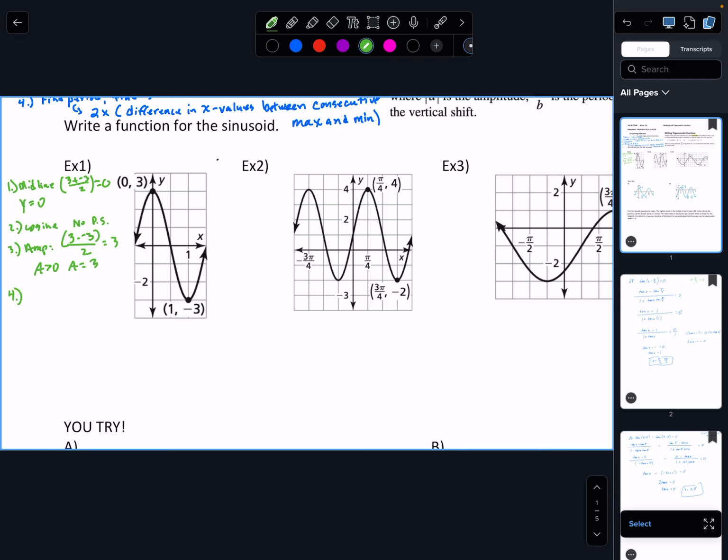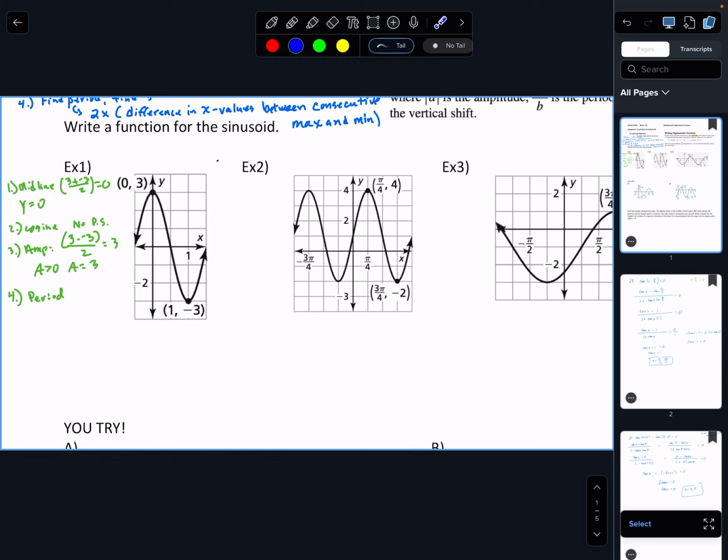And step 4, you're going to find the period. And this is where you take consecutive max and mins. So you're starting at this max, you travel to the very first min. Those are consecutive. That's what we mean by consecutive. And you find the horizontal distance between those, which is your change in x.